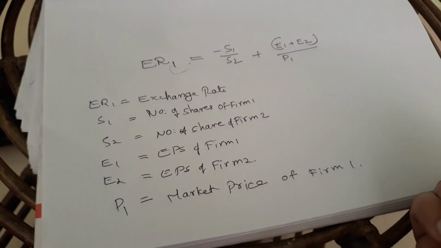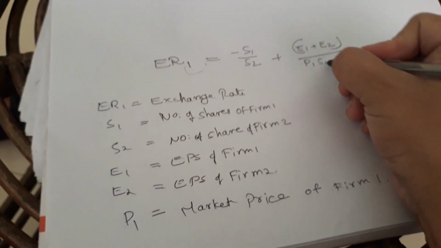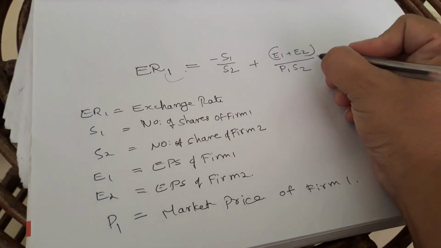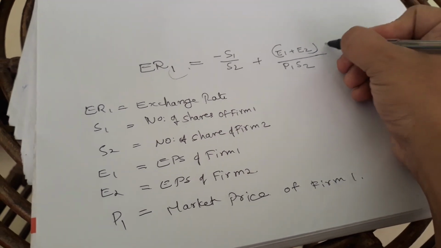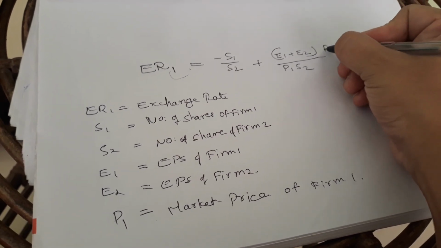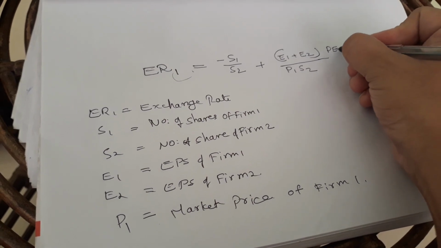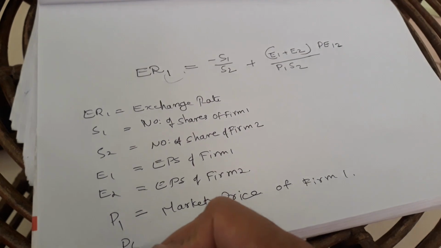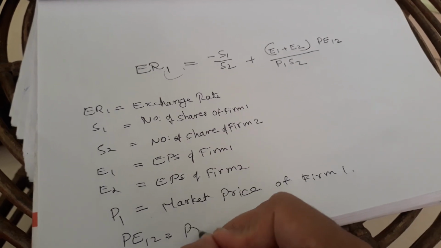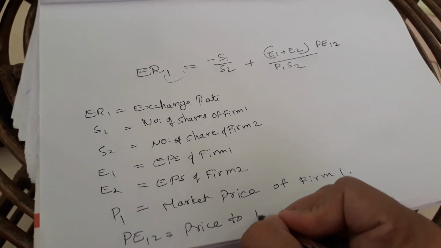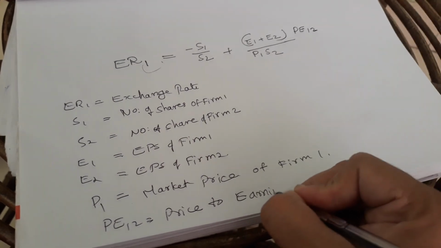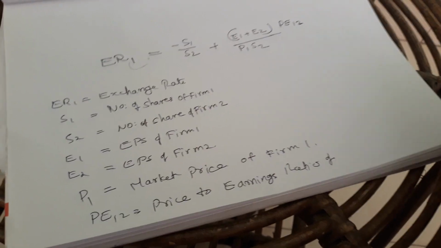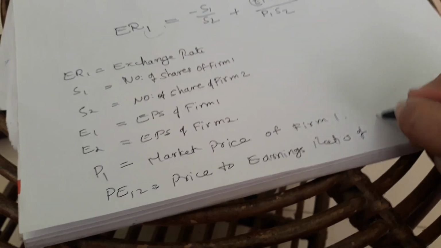Now P1 into S2. S2, we already know, is the number of shares of firm 2, multiplied by the price to earnings ratio of the merged firm. That is, P12 is equal to the price to earnings ratio of the merged firm.